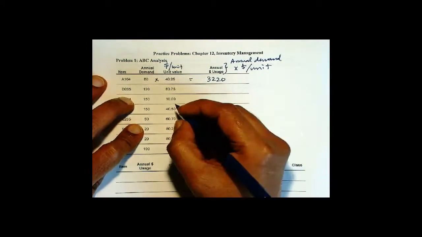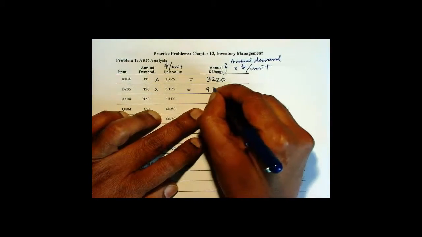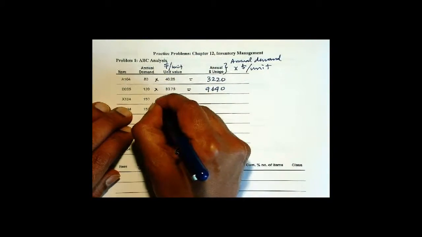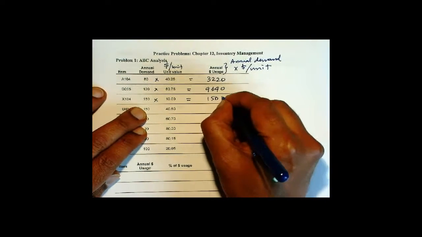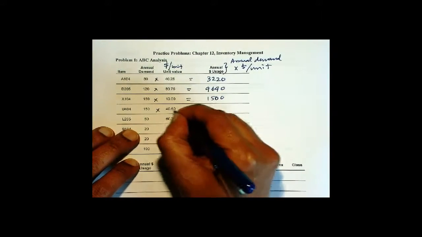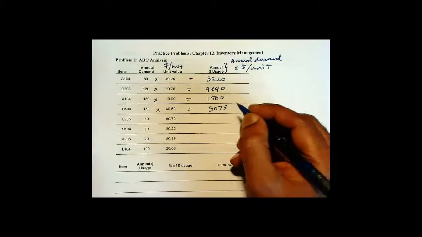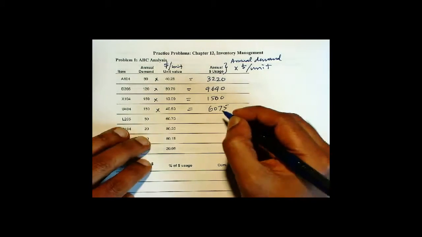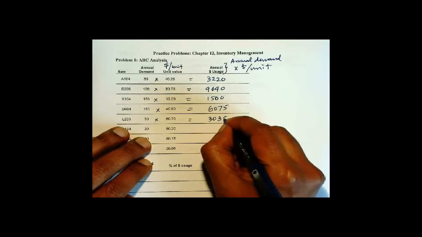So times 96.90. So this is 1500. This is 60.75. Then I get 30.35.